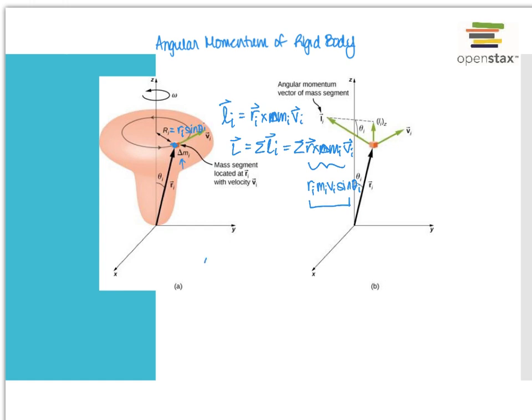So we're going to say that the magnitude of the angular momentum can be written as r_i delta m_i v_i. So we're just talking about what is the angular momentum of that little piece of mass. And if we add them all up, we will get the total angular momentum.